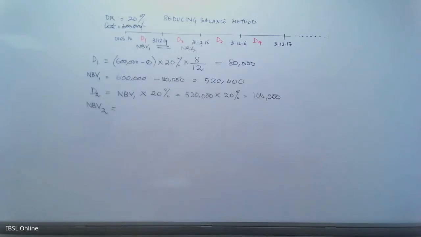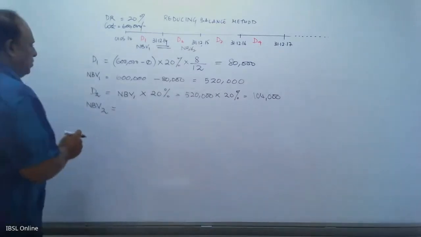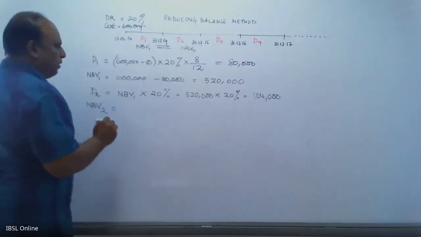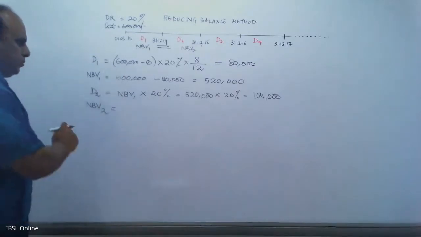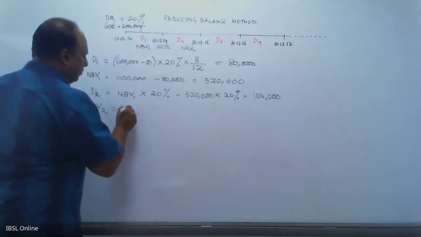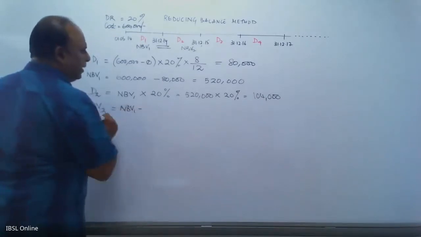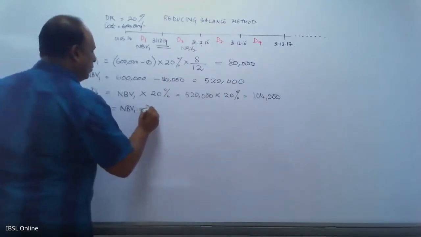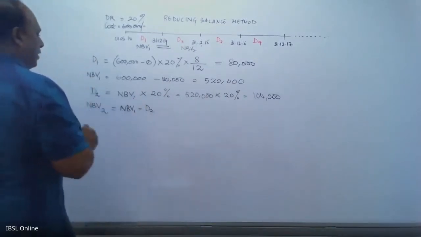Okay, what is NBV2? There are two ways of calculating it. The first way is I'm going to use NBV1 minus this depreciation, that is D2.